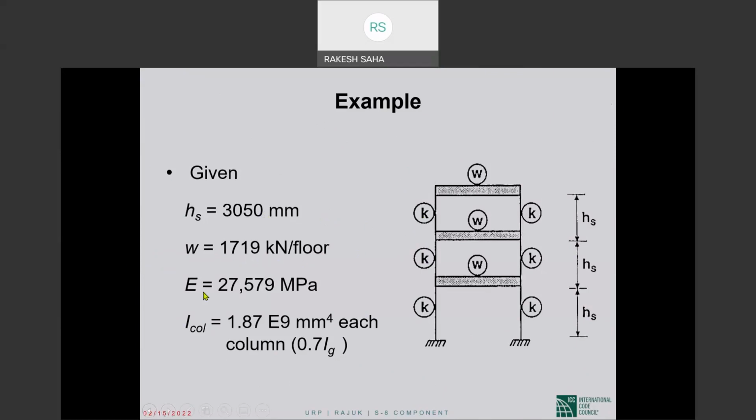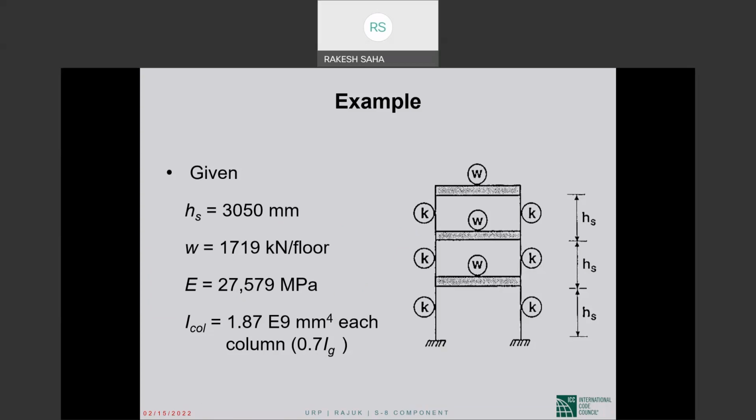The E is 27,579 MPa. That kind of tells you it's a concrete frame. And I of each column is 1.87 e to the power 9 millimeter to the power 4, and that is 70% of I gross. That's how we calculated it. Okay.